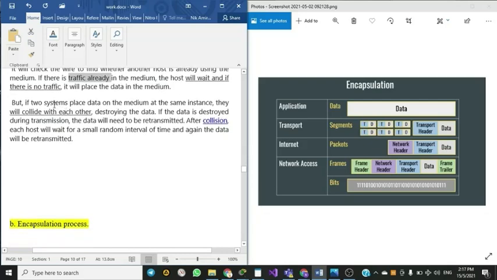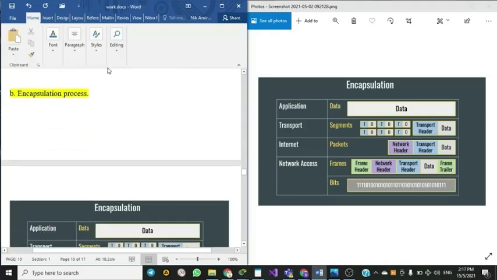However, if two systems place data on the media at the same time, this will cause them to collide with each other and destroy the data. If the data is destroyed during transmission, it will need to be retransmitted. So each host will wait a small random amount of time and resend the data again.